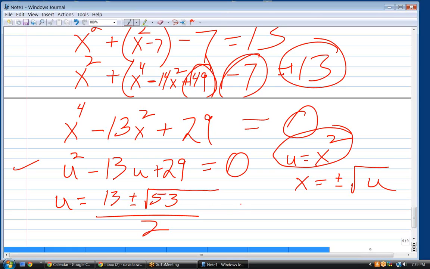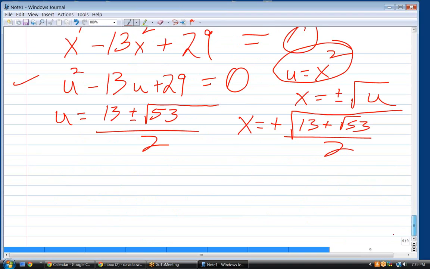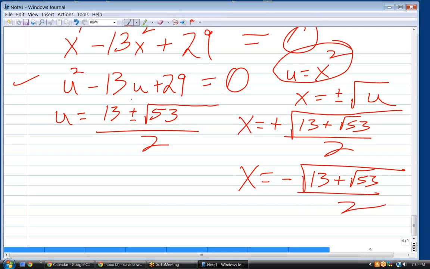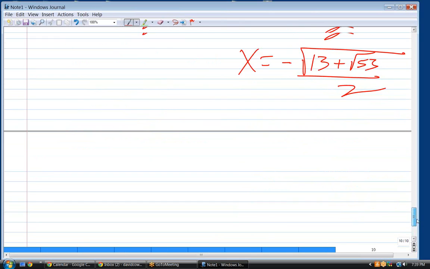Yes. So x is equal to the plus square root of one of those, and x is also equal to the minus square root of that one. And then we had 2 solutions for u, so there must be 2 more solutions for x.